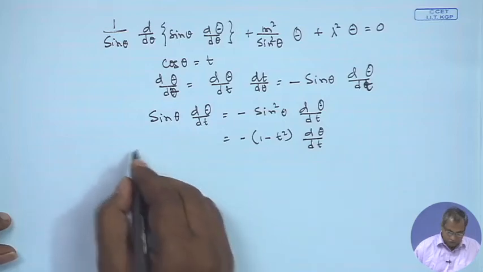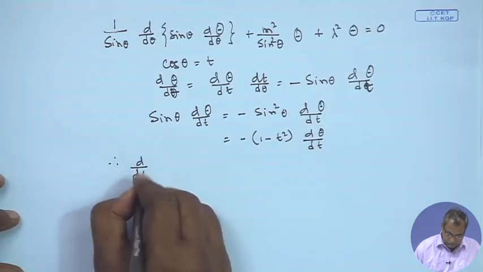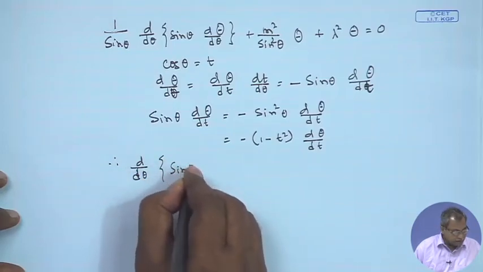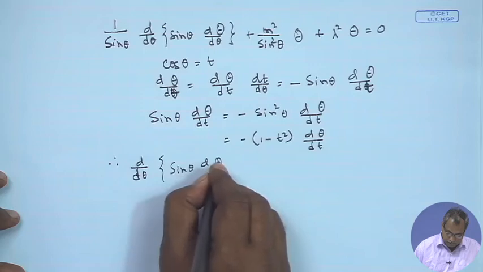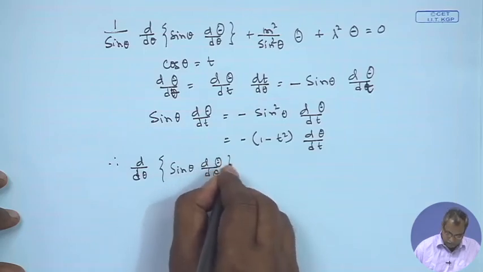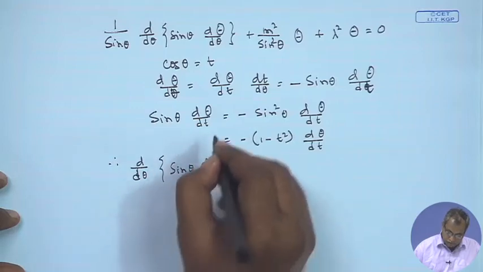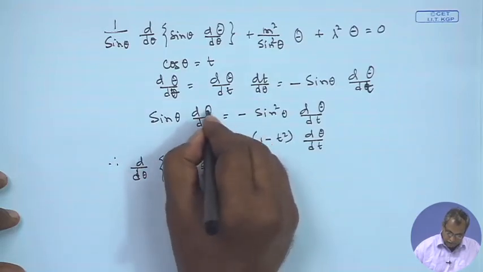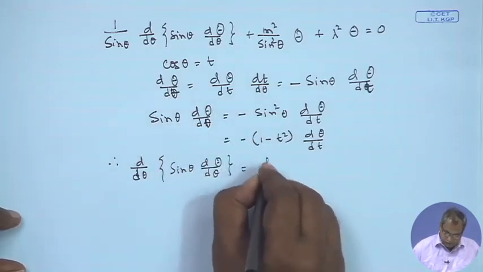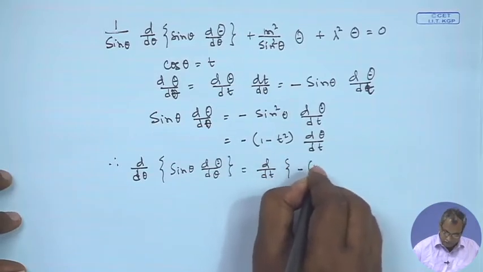Therefore, d/d theta of sin theta d Theta/d theta will be d/dt of minus 1 minus t square d Theta/dt.